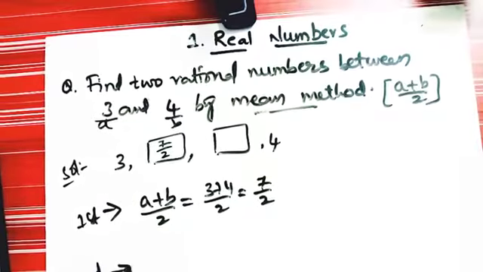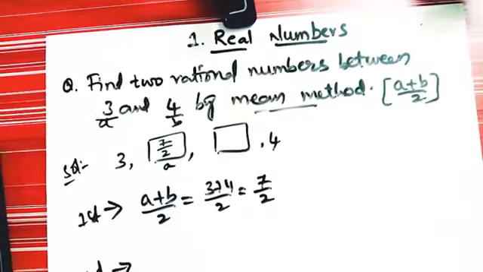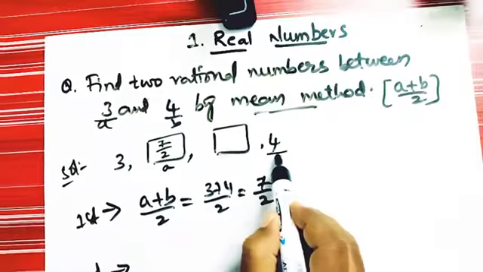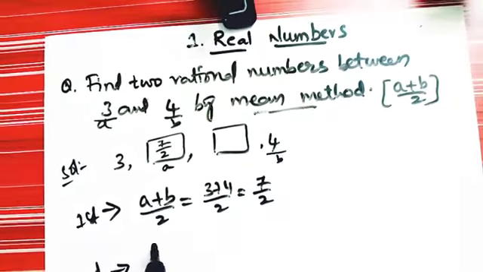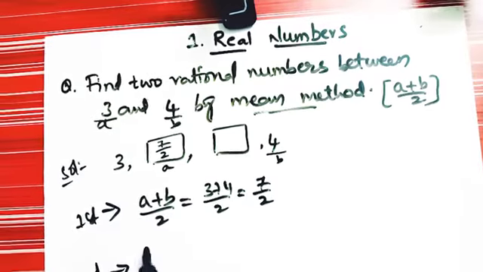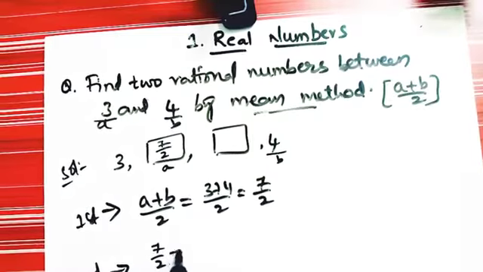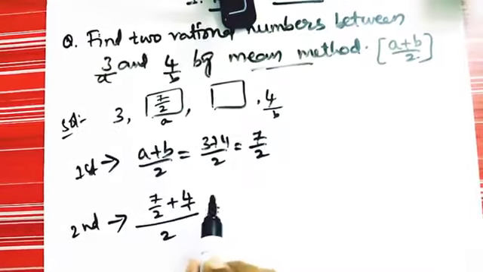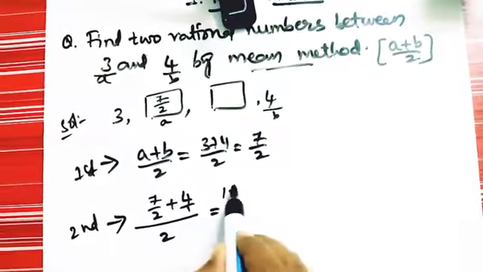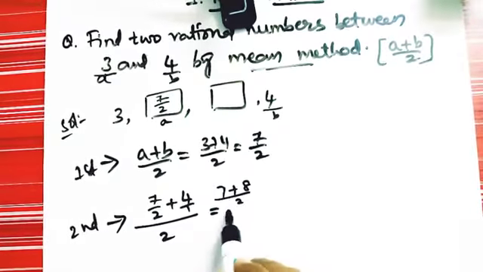To find the second number, we take 7/2 as the a value and 4 as the b value. Then using the mean method to find one more rational number, that is (7/2 + 4/2) divided by 2. Here we take the LCM, so 7 plus 4 times 2 is 8, that is 15/2.